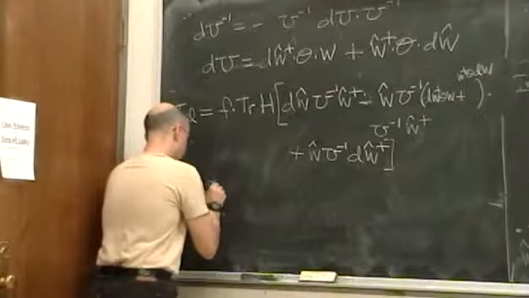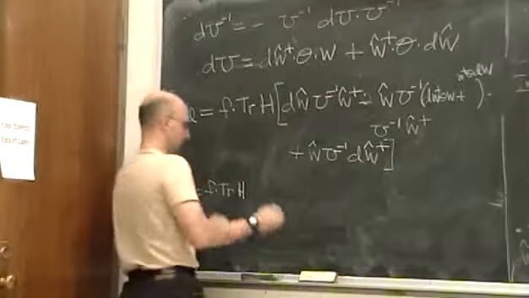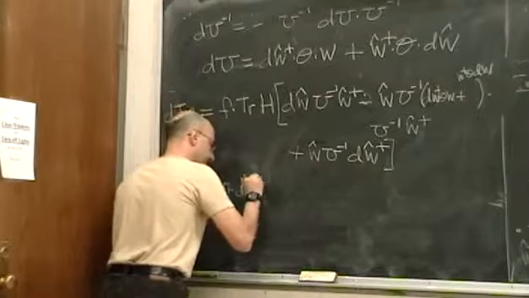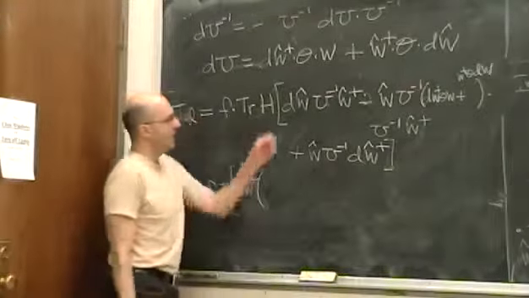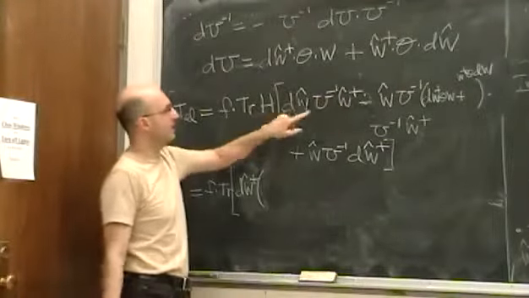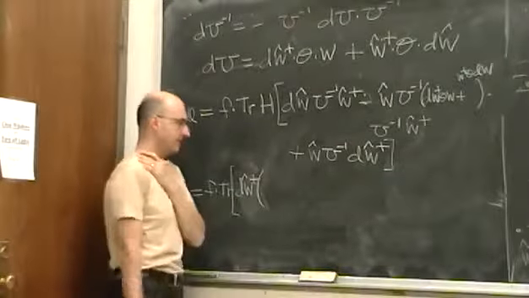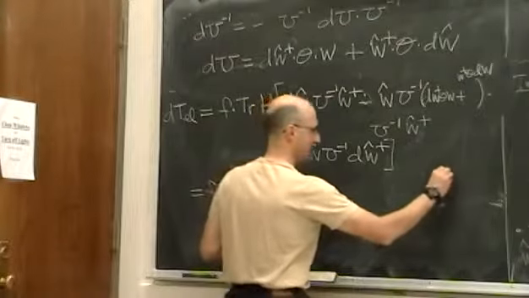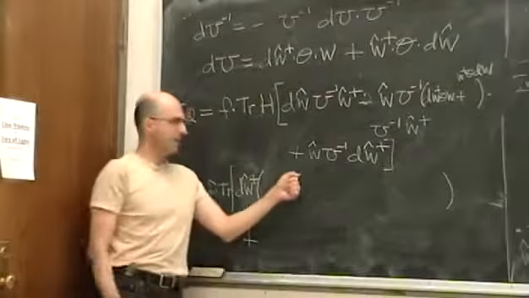So I've got F times the trace of H times, I want dW dagger first. So dW dagger times something. And notice by cyclic property of the trace, I can always arrange all of these dW dagger terms to have their dW dagger first. So that'll make something kind of neat and tidy. We'll have to figure out what's going to go on in there. I'll leave some room. I'm not sure how long it's going to get. And then there's going to be another piece.